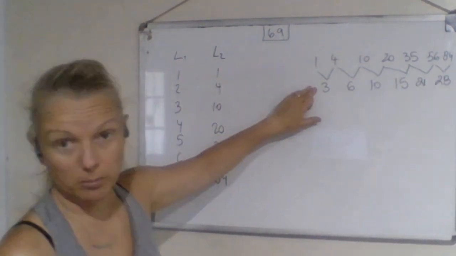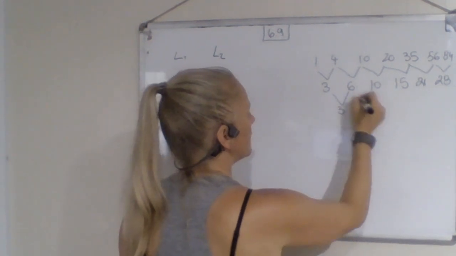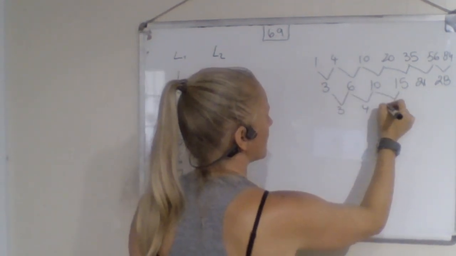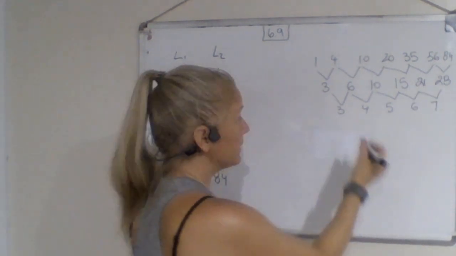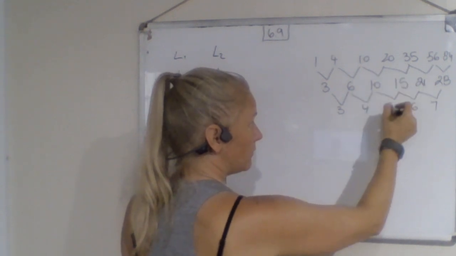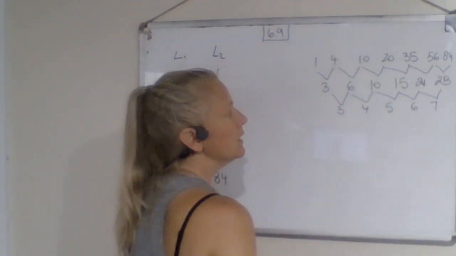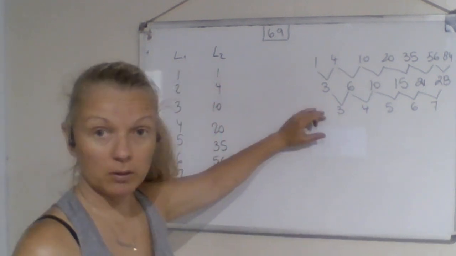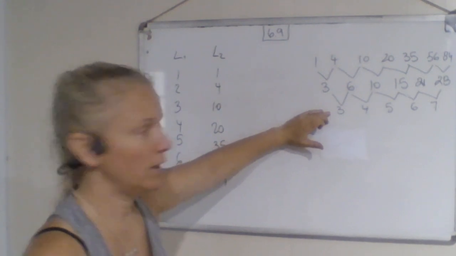Definitely not a first degree polynomial because these are not all 1. Let me do the second one: 3, 4, 5, 6, 7. If you're wondering what I'm doing, this is 6 minus 3, 3, 10 minus 6, 4, 15 minus 10, 5, 21 minus 15, 6, 28 minus 21, 7. Definitely not a second degree polynomial because that's my first, that's my second. Not a third degree because I don't have ones.